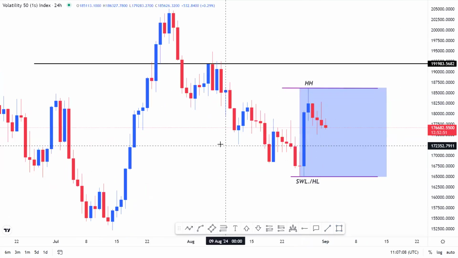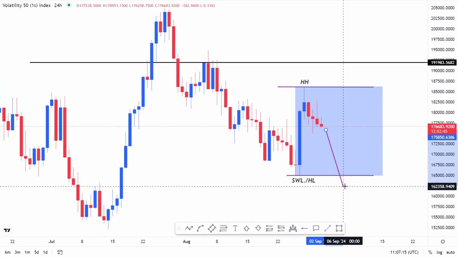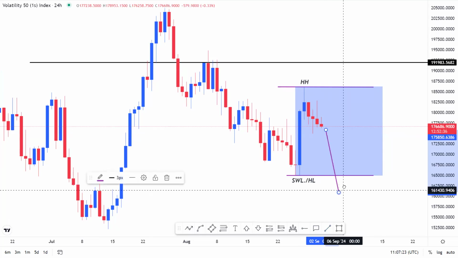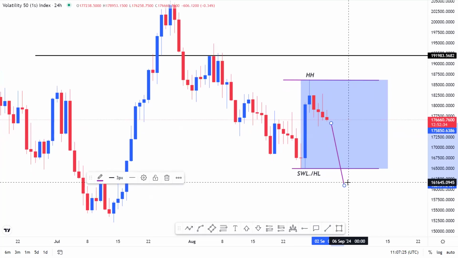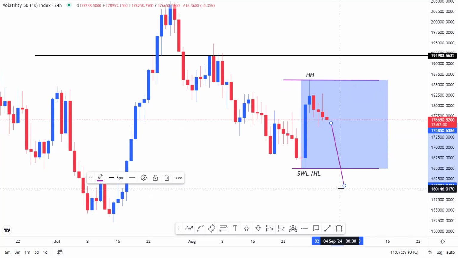Because if for any reason price trades past this level, I'm certainly no longer going to be looking to buy Volatility 51S index, because then the market structure would have shifted again to the downside. Obviously, we would have a lower low, which is not a characteristic of an uptrending market.